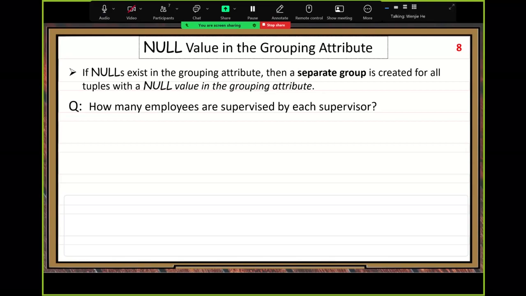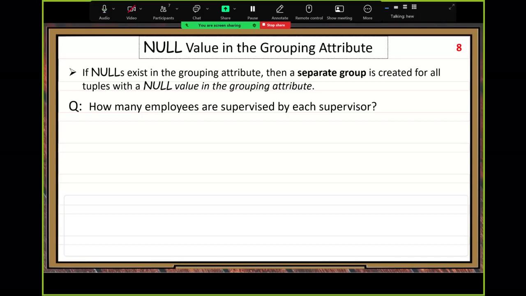To write this query, how many employees are supervised by each supervisor? For each supervisor, we use super_SSN to define a group. But there are 7 tuples whose super_SSN equals null.